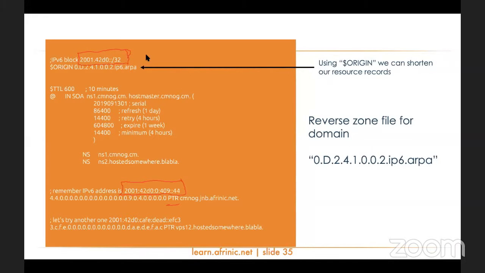So what you do is you add this address in the reverse way, okay? So it's the same address written in reverse. That's why we call it the reverse zone file. So we have this address and we have the reverse. Same example at the bottom here. We have this address and we have the reverse. Okay. So this is a sample of what we can have in your reverse zone file.